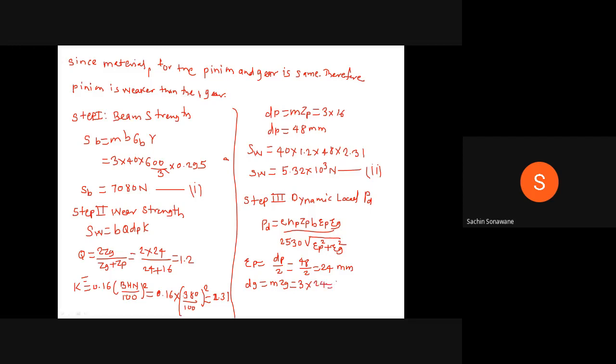Therefore, dg is equal to 72 mm. Therefore rg is equal to dg divided by 2, which is 72 divided by 2, nothing but 36 mm. I think you are writing. Please write down.